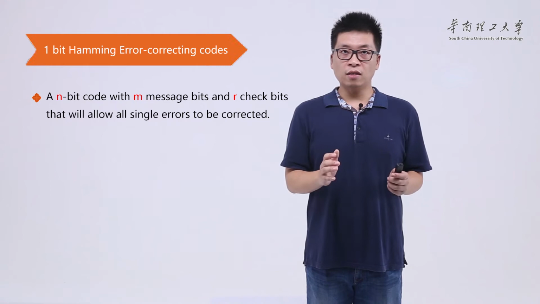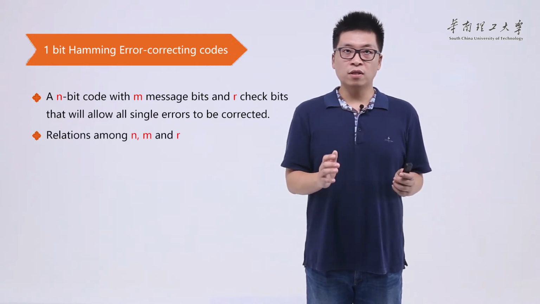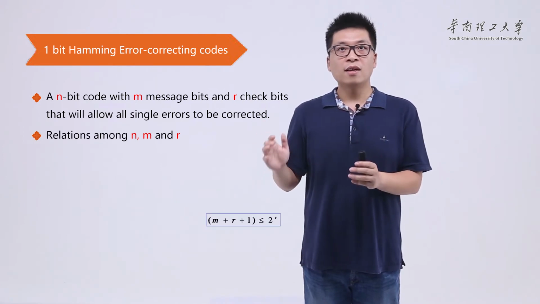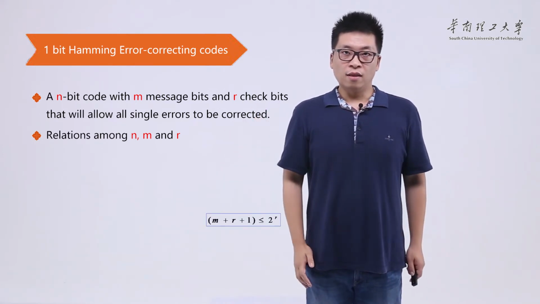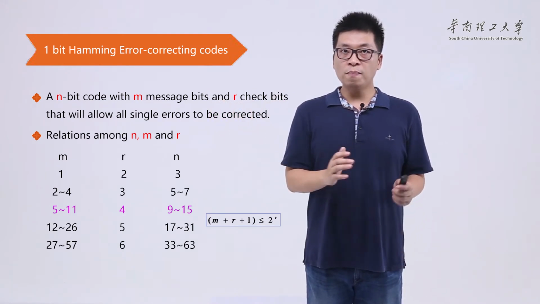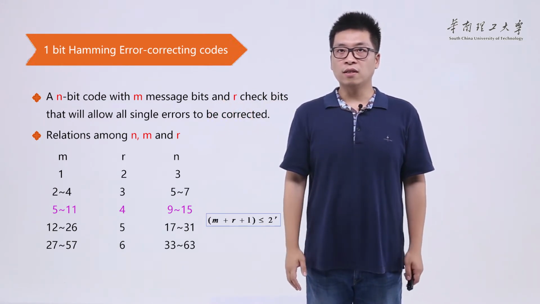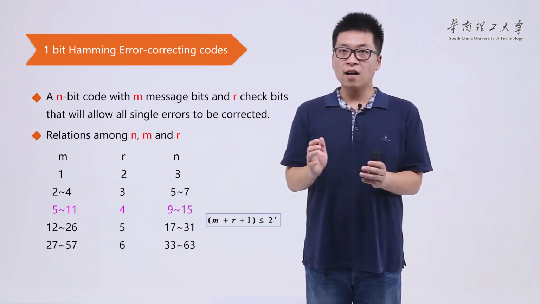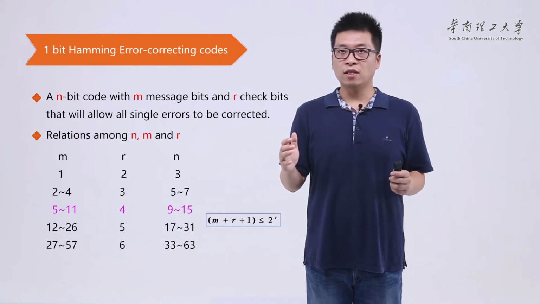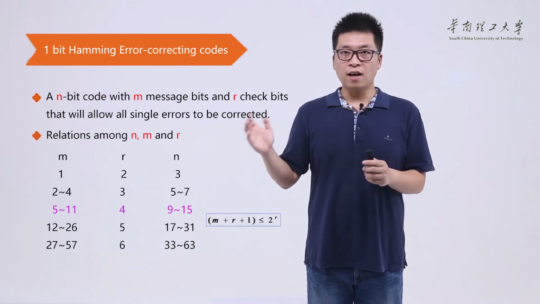The first thing is to figure out the relationship amongst n, m, and r. There is a formula for 1-bit Hamming error correcting. The m, r, and n should satisfy a formula.